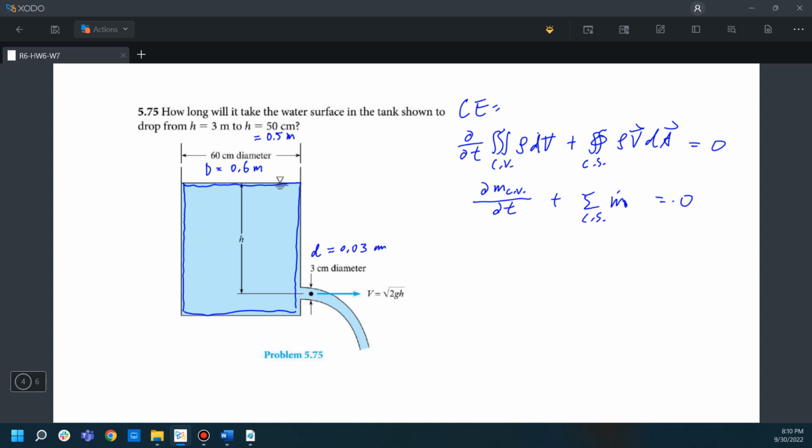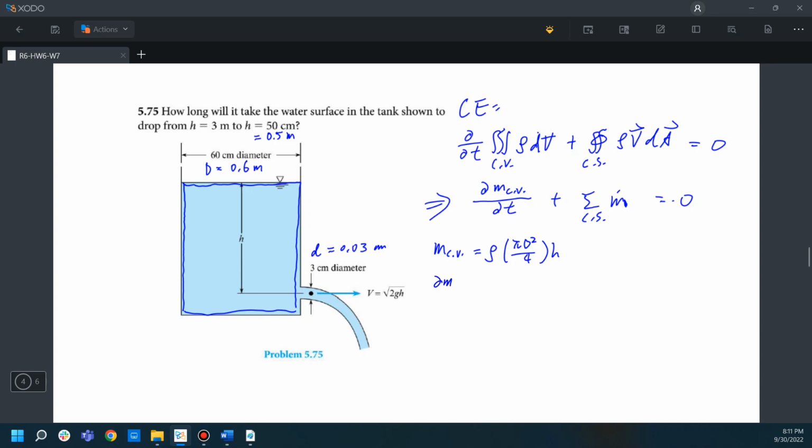That means we will need to derive the equation for both of these two terms. We know the mass inside this control volume is equal to the density times the volume, which is the area times the height.